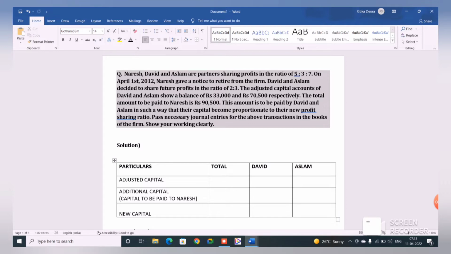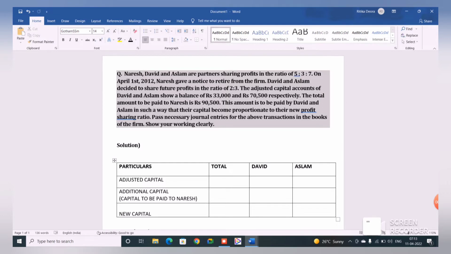So one important point to notice here is that this amount which is to be paid to Naresh is not to be paid out of the existing bank or cash balance of the firm. It is to be paid by the remaining partners, which means that this entire amount 90,500 will have to be brought in by the remaining partners in order to pay Naresh.